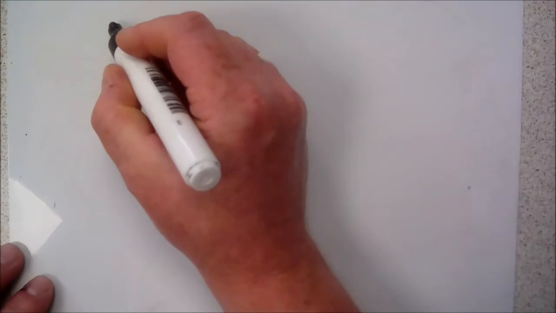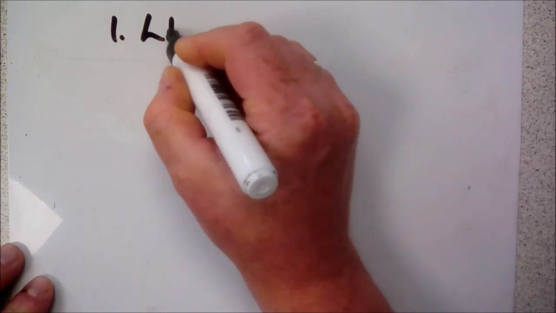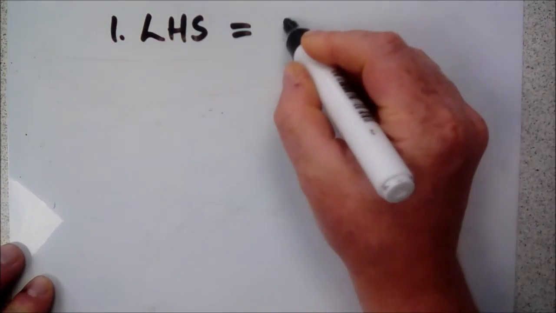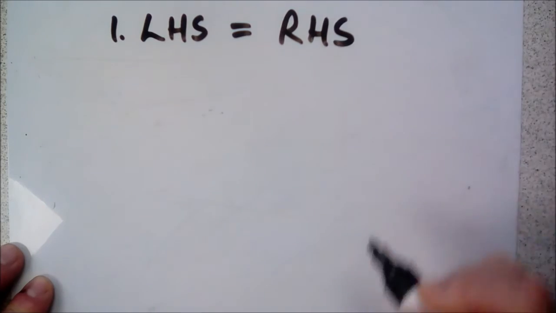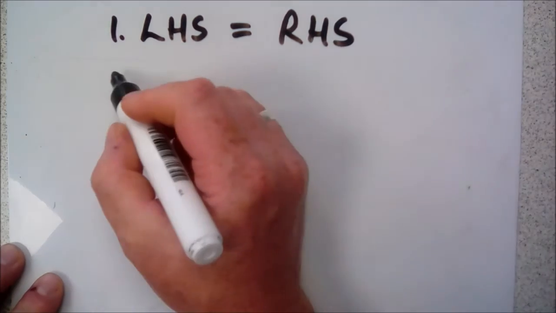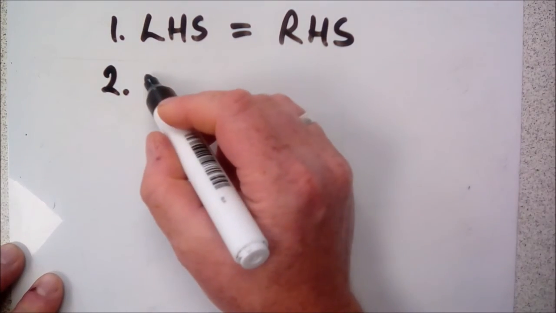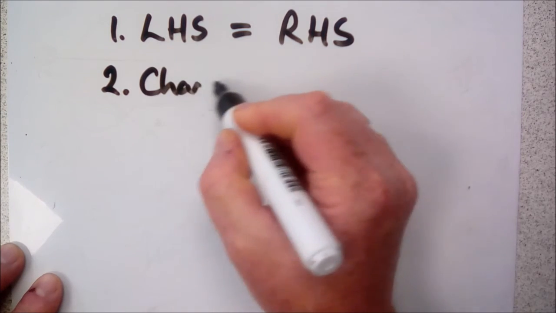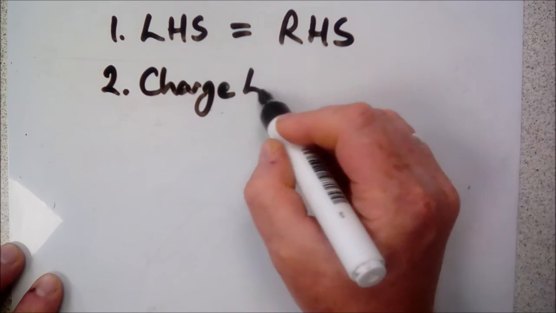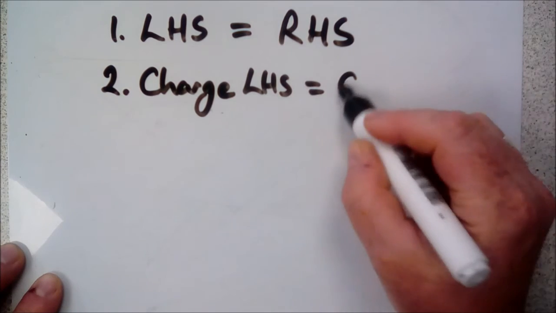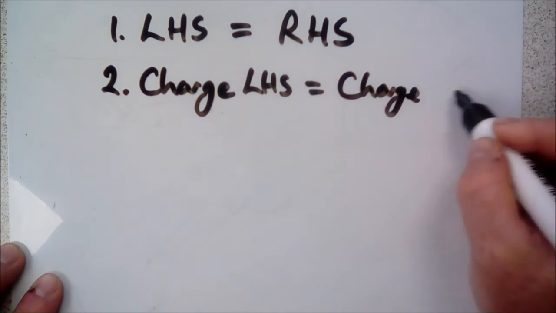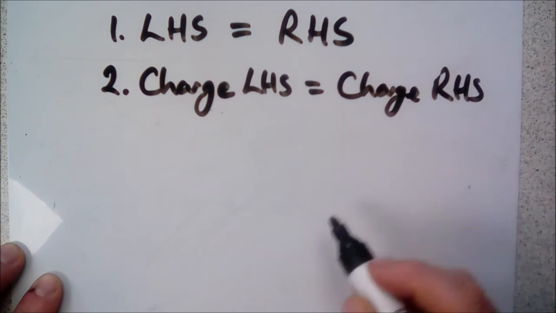So let's summarise our rules. Number 1, what we have on the left hand side must equal what we have on the right hand side. Number 2, the charge on the left hand side must equal the charge on the right hand side.